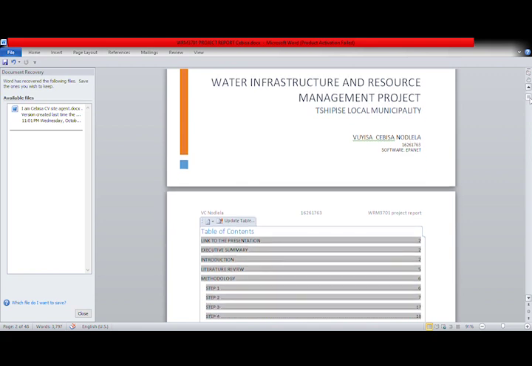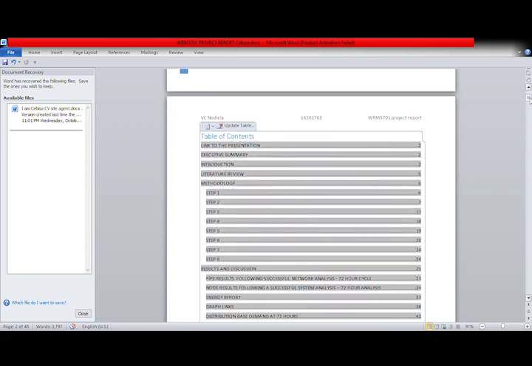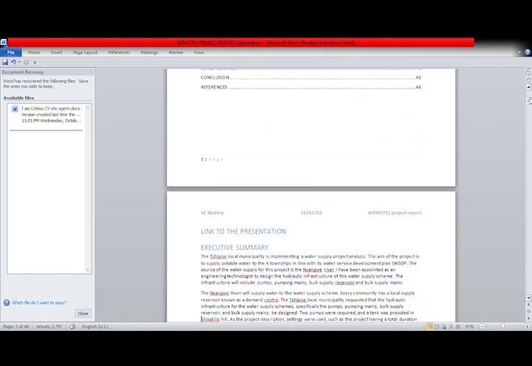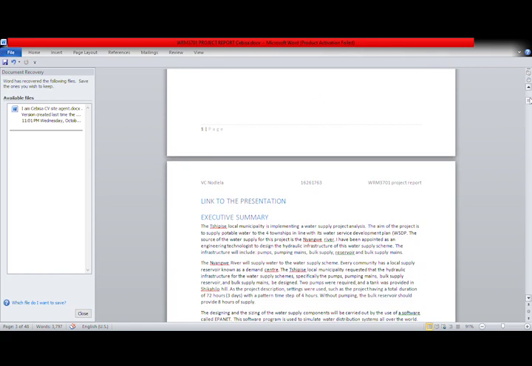I have been tasked as a civil engineering technologist by the Tsepiso local municipality to design a water system that will provide water for four different townships.